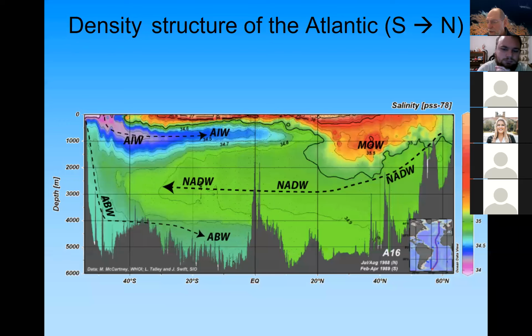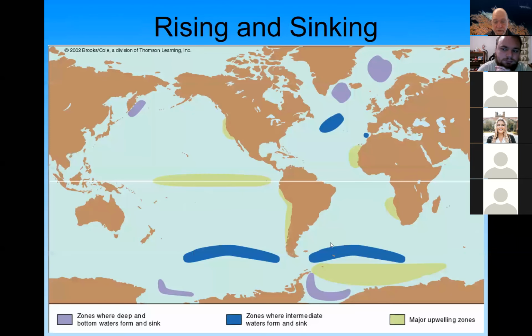So of course, the deep ocean has different patterns to it. These are the patterns of upwelling and downwelling across the major ocean basins. There's deep water formation here, here, here. And then there are upwelling zones, and I talked about the equatorial upwelling zone. There's an upwelling zone off California, and another very important one off Chile and Peru.